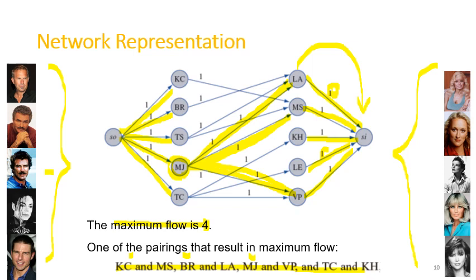So Tom Selleck is not going. And then on the female side, who is not going? Laurie Anderson is going, Meryl Streep is going, Katharine Hepburn is going, and Victoria Principal is going. So finally, LE is not going. I must honestly admit that I forgot who she is. I'm so sorry.